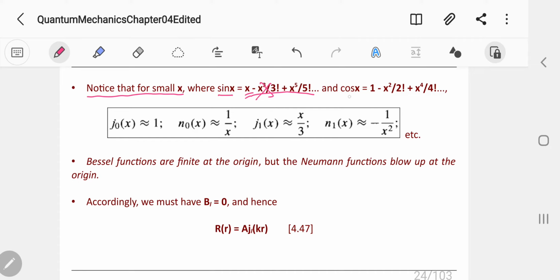For cosine x, if you have very small x, this would just be the expansion of cosine, and for small x, this would become much smaller, so that your j0 and j of 0 of x will reduce to 1.